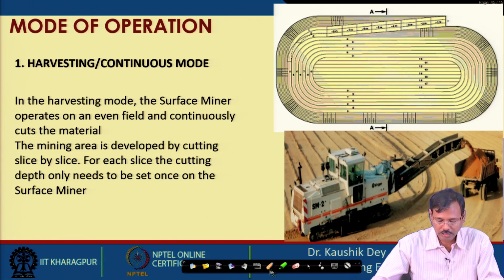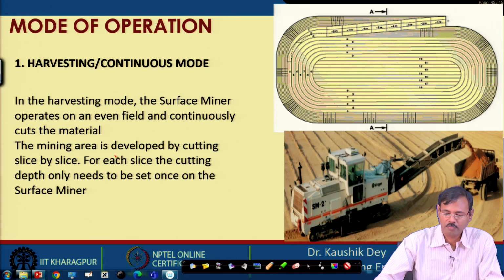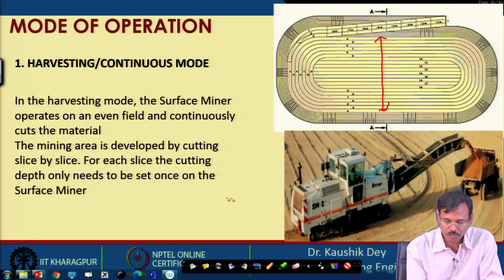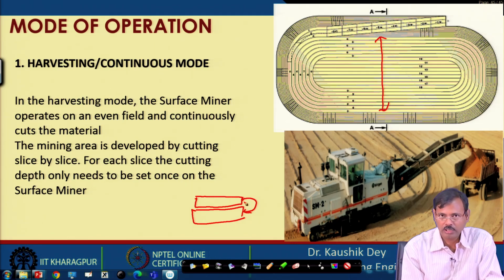So, you can see in this harvesting mode of operation, you need to have a very wide face, because whenever you are turning at this position for this cut and this cut, this turning is not taking a very large turning radius, because you are turning without cutting. So, this is turning without cutting.